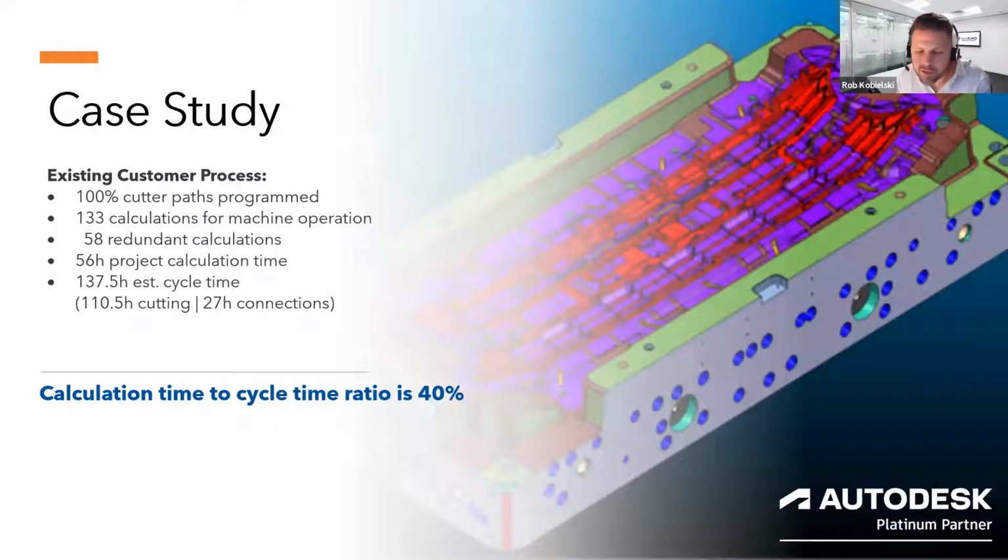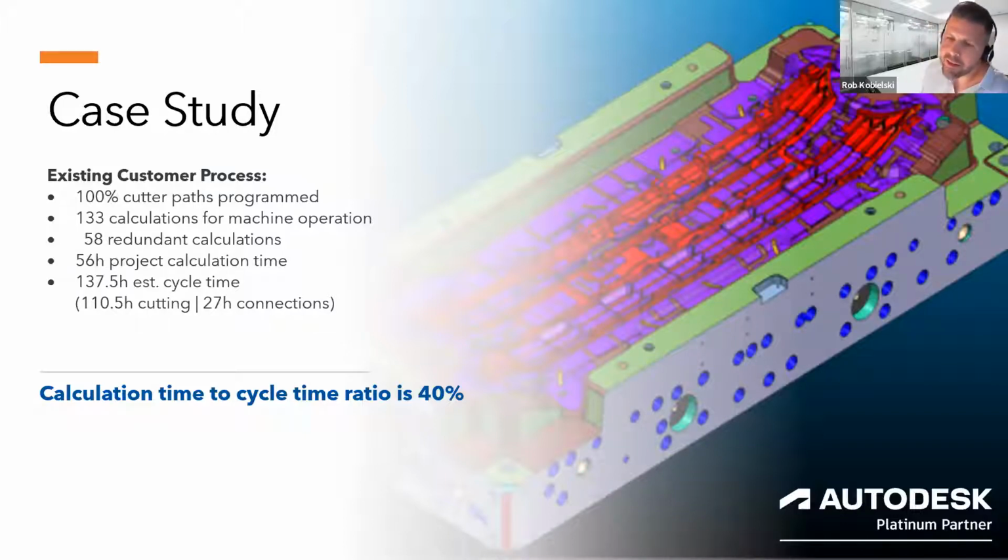And the customer engaged us because their process, albeit they do use some of their own templates and macros, of course, yields them 100% of all toolpaths, because they're programming this rather manually. And when we ran an analysis against a project, we found that they had 133 toolpath calculations for machine operation, as well as 58 redundant calculations.